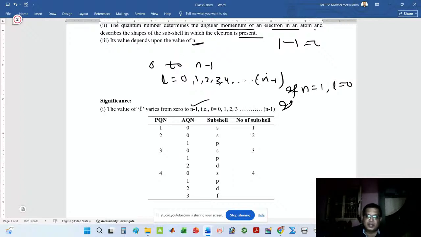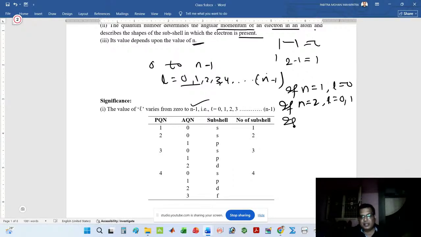If I put n is equal to 2, then 2 minus 1 is 1. That means here I can write l is equal to 0, 1. You take the initial value, and also take the new value.